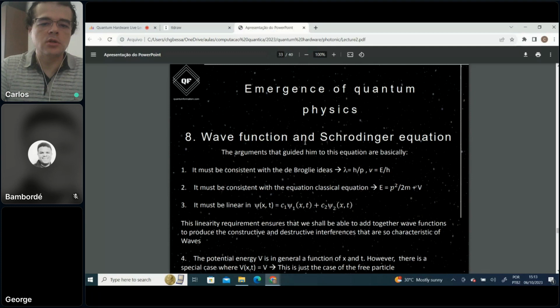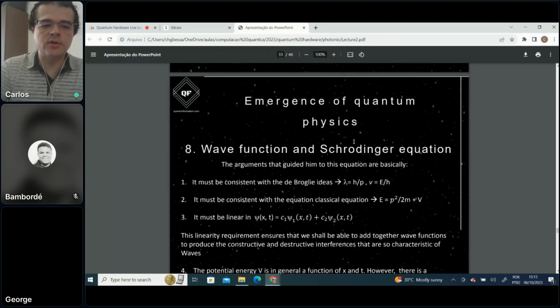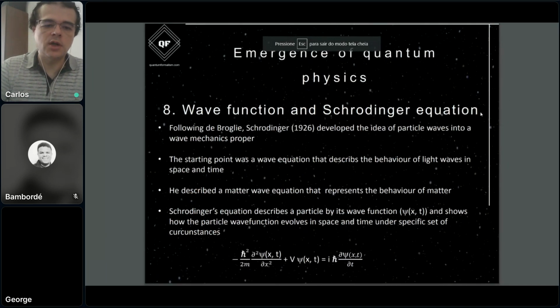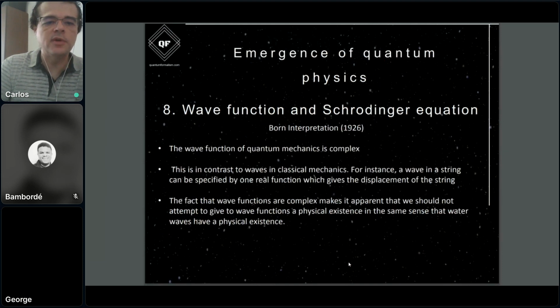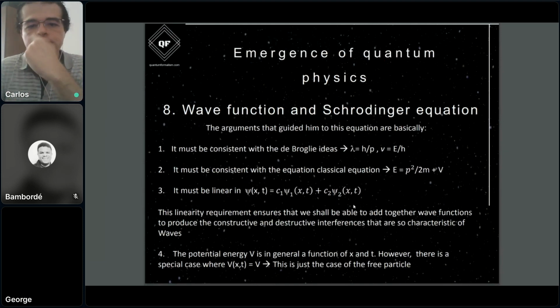That's exactly what we have here: a double derivative in space and a derivative in time. This is the kinetic part, the potential part, and the total energy, and the i appears in the time derivative. This is just to give the notion that these ideas guide him to his equation.